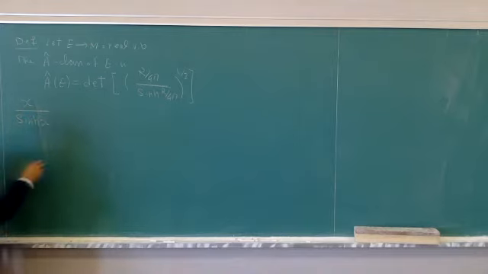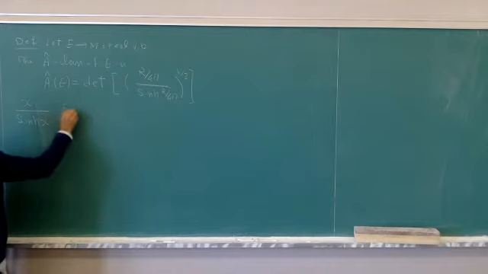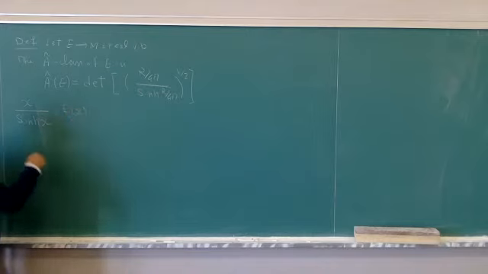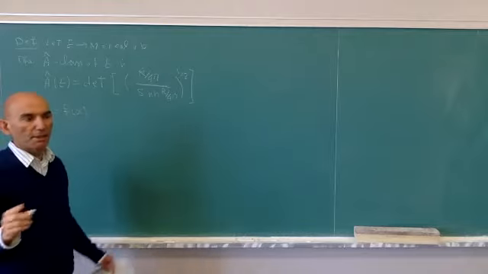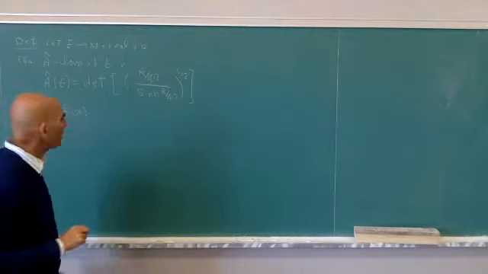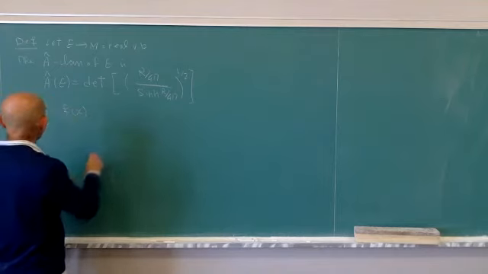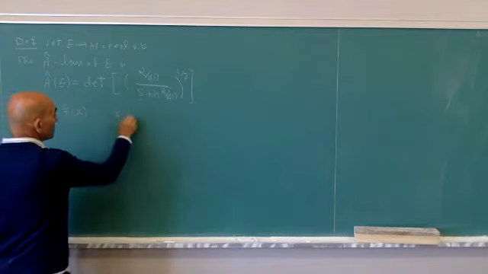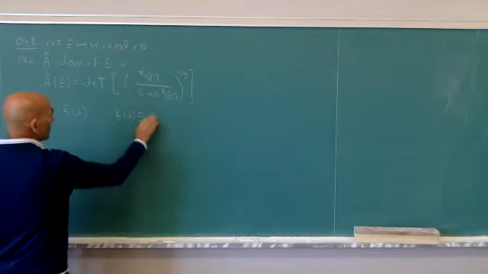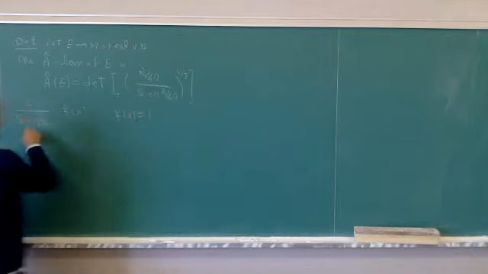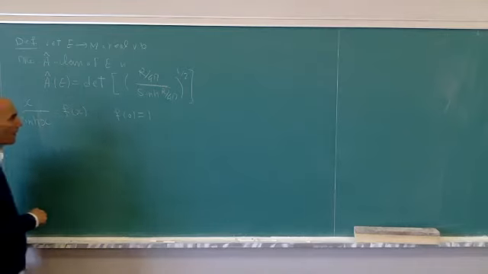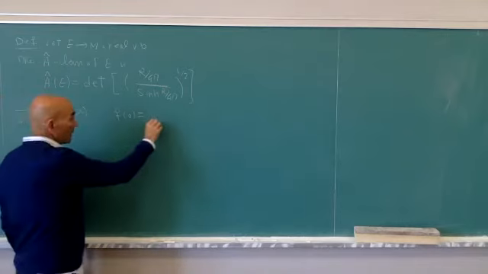If you look at this function, let's call it f of x, it is actually analytic in a neighborhood of 0. I mean, f of 0 is equal to 1, sorry, just equal to 1. And that is analytic.